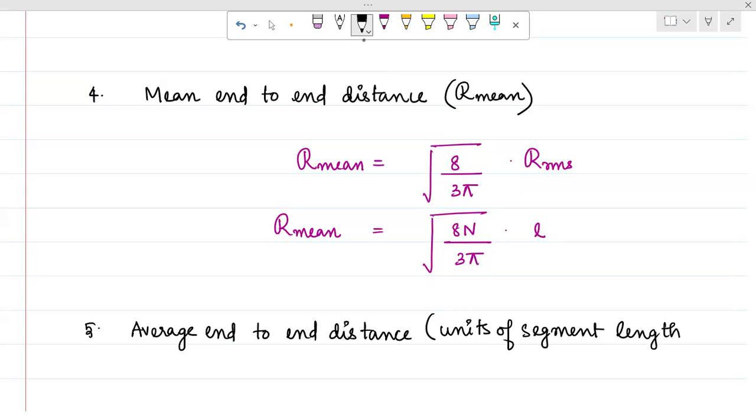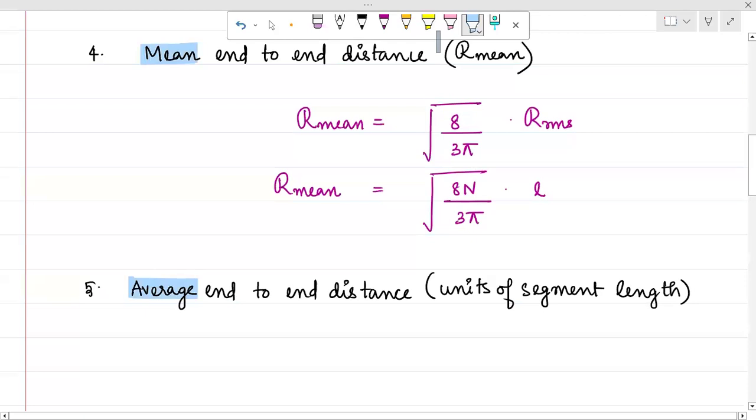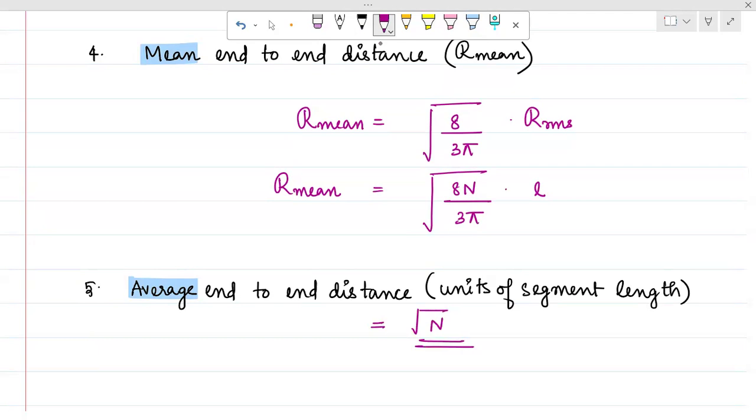So see, this has already been asked. You might feel that mean end-to-end and average end-to-end are the same because literal meanings of mean and average are the same. But you have to pay attention. If they ask to find the average end-to-end distance in the units of segment length, then it is just equal to root N. It's already been asked in CSIR once, so pay attention. It's just root N.